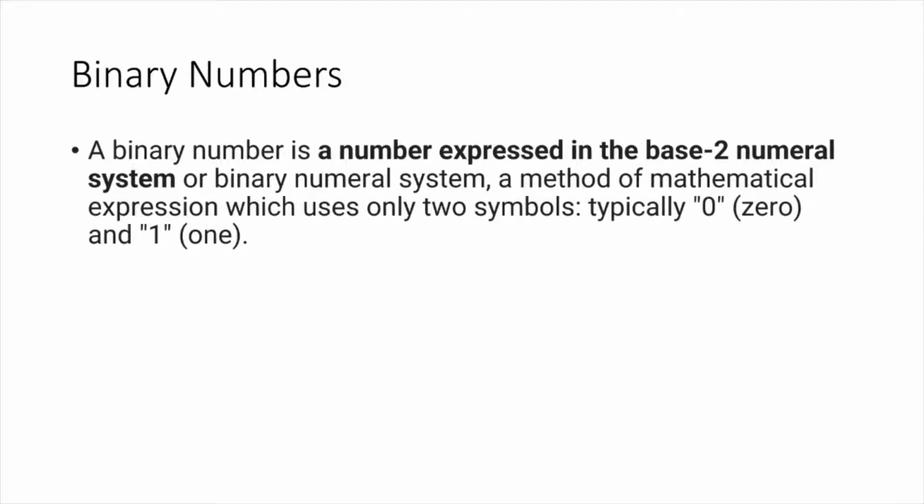And what we're familiar with, of course, is base 10. Base 10 uses symbols 0 through 9. Base 8 uses 0 through 7. And base 16 uses 0 to 9, then A, B, C, D, E, and F to represent 10 through 15. Okay, since we run out of symbols at 9, we use the first letters of the alphabet for that.